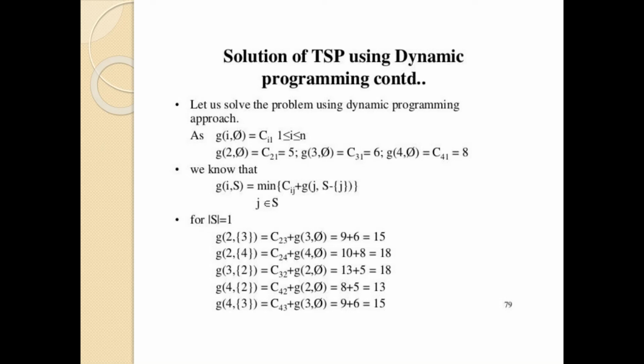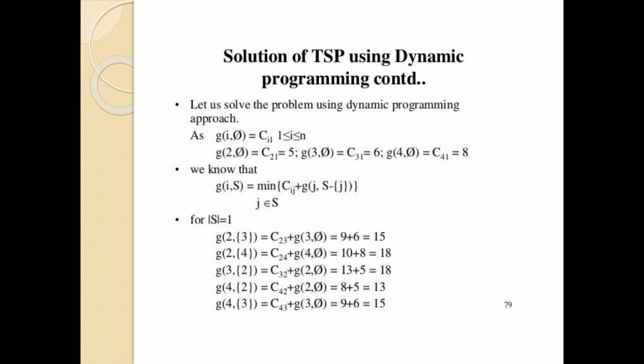So here the formula is g of i comma S. Here i means the starting vertex. What is the capital S here? It is the set of all vertices.